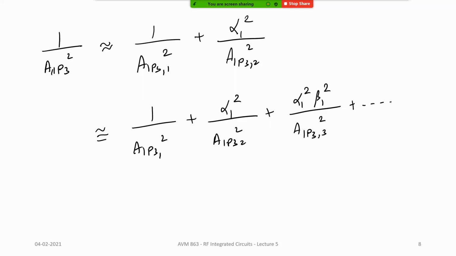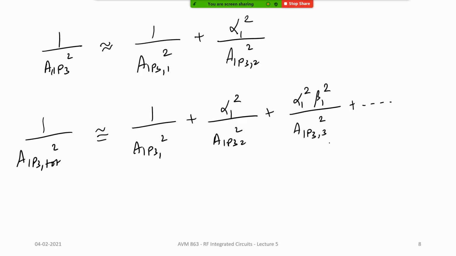So this can be generalized to say AIP3 total squared, the cascaded thing, is something like this. In simple English, 1 by AIP3 squared is going to be first stage nonlinearity plus second stage nonlinearity multiplied by alpha 1 squared, the gain of the first stage, divided by AIP3 squared, and the gain of the preceding stages divided by the IP3 of the third stage, and so on.